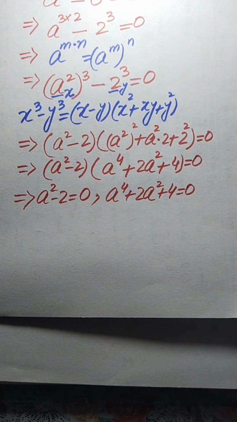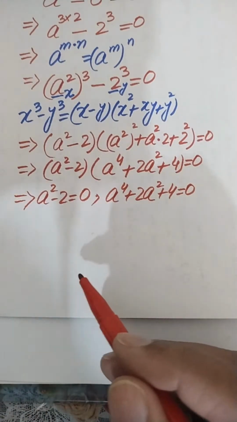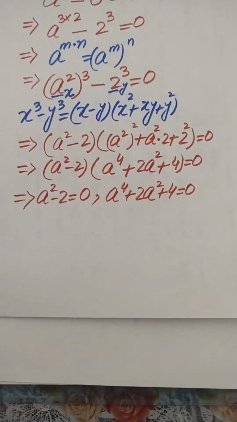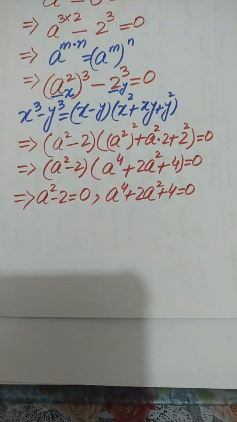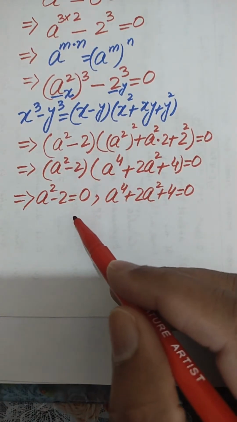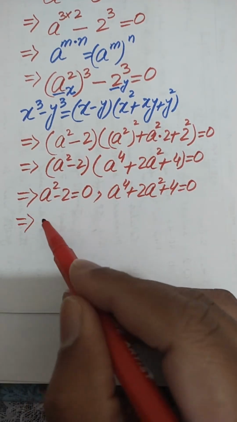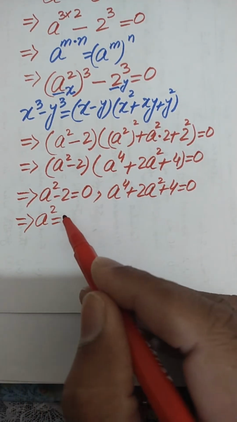So first we need to find the roots of the first equation, and in the first equation we have a square minus 2. Now we move this minus 2 to the right hand side, and it will be written as a square is equal to plus 2.